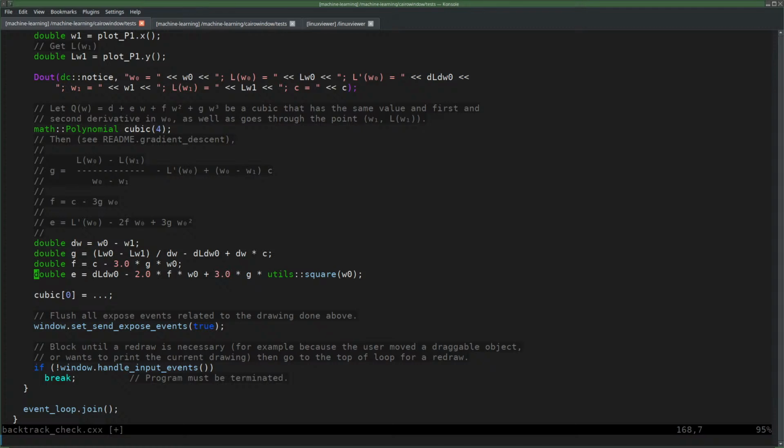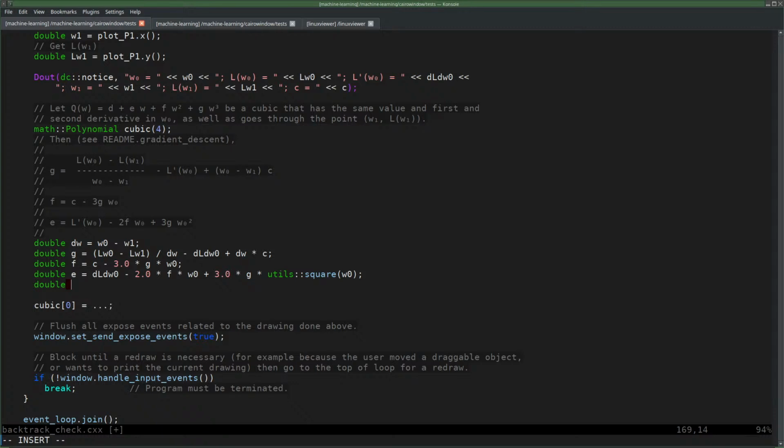To calculate d, I suppose either of the 2 points will do. Let's use W0 as well.